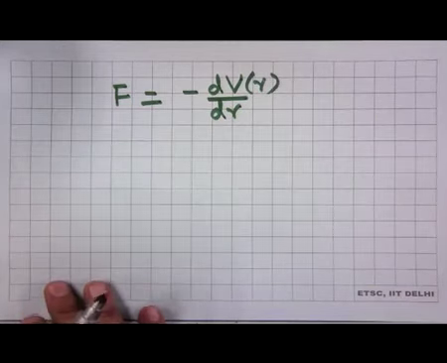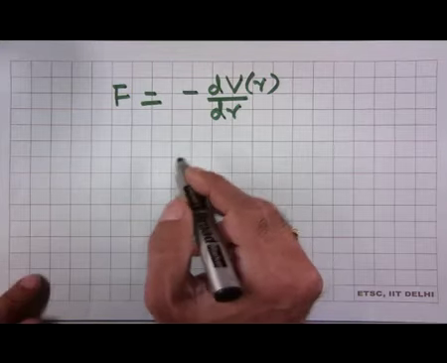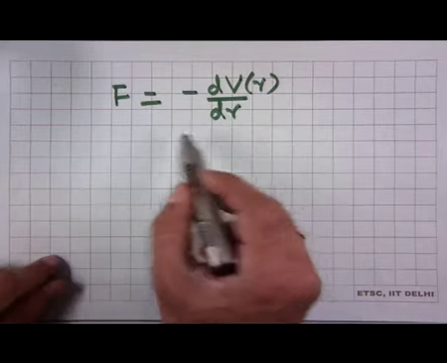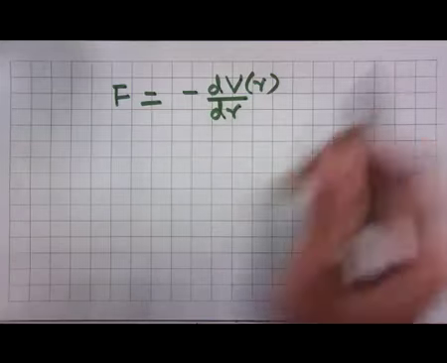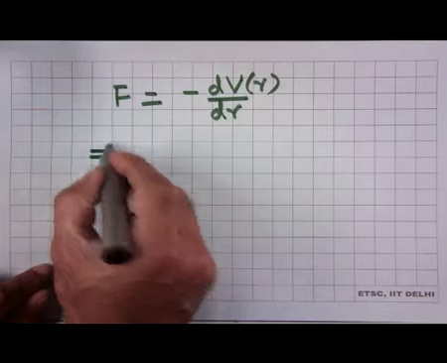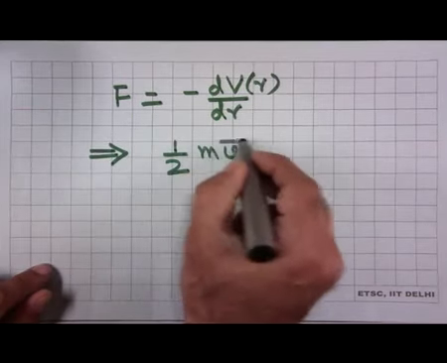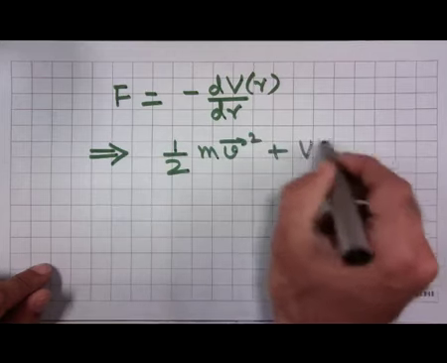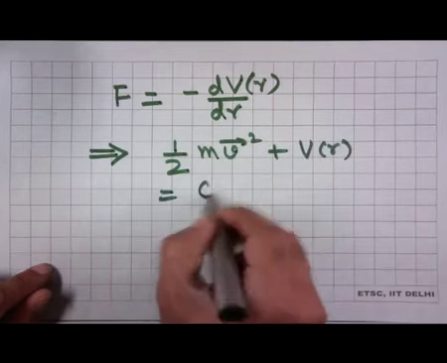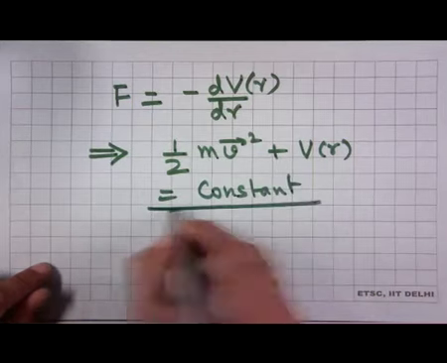Derivative of a potential with respect to r, that is what we are going to write. So in doing this, I am assuming that the force depends only on the mutual separation. I will come to that later. So in which case we get the condition that half mv squared plus V of r equal to constant. And this is the statement of conservation of energy.